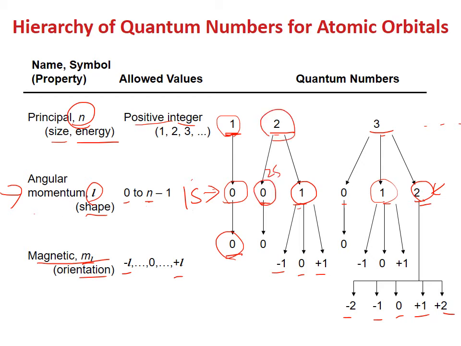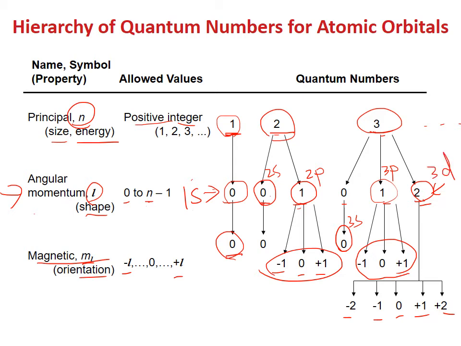Principal quantum number 2 has an s orbital, and this is a 2p orbital with 3 orientations: 2px, 2py, 2pz. When n equals 3, we have a 3s orbital and a 3p orbital with 3 orientations, and a 3d orbital. When l equals 2, that's a d orbital, and it's a 3d orbital with 5 orientations.